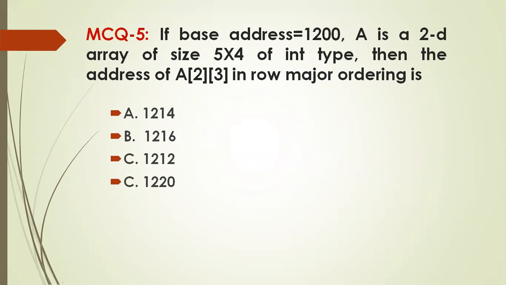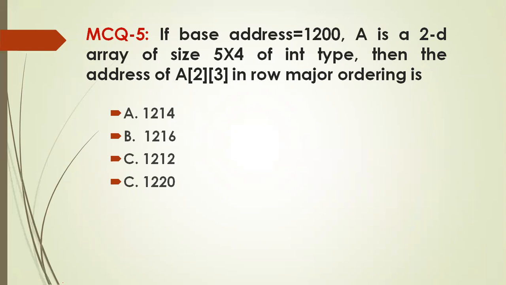If base address is 1200, A is a 2D array of dimension 5 cross 4 of int type, then the address of A23 is given like this. So it's a matrix of order how much? 5 rows, and each row has how many columns? 4 columns. In that case, at which address is the element of the second row and the third column stored, with the base address 1200?